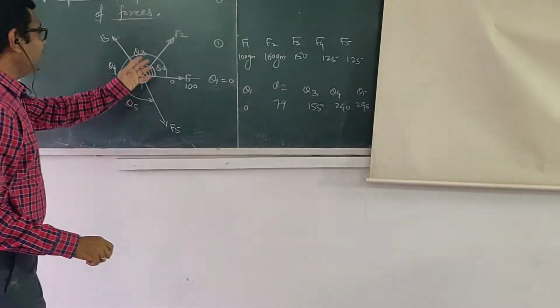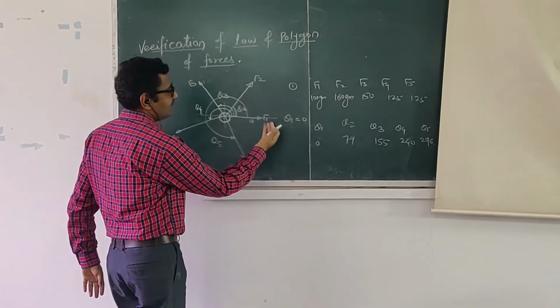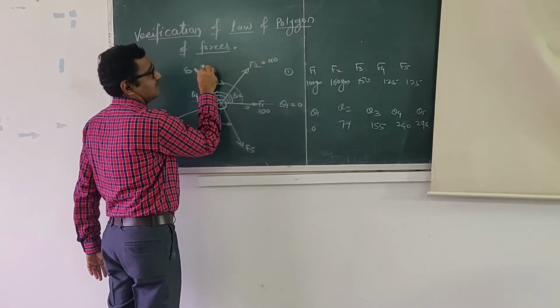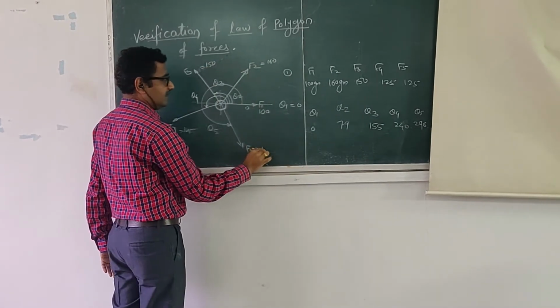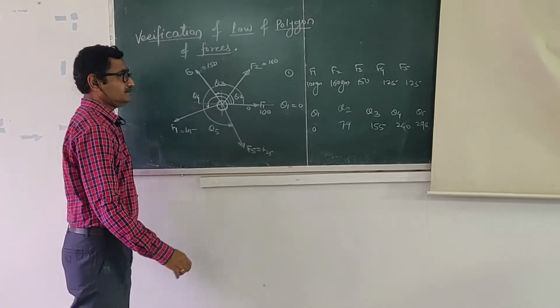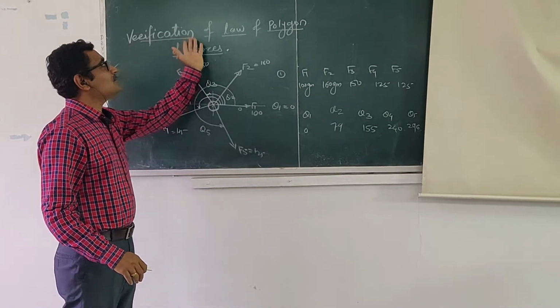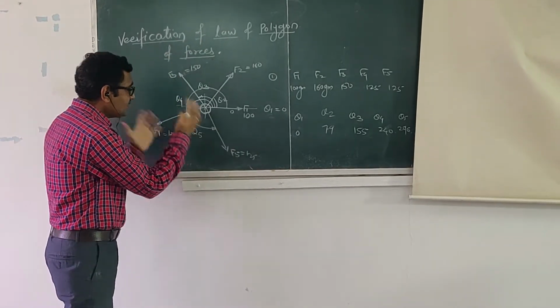So we have created one concurrent force system here which is in equilibrium. This is 100, this is 160, this is 150, 125 and this is again 125. Now with the help of this force system we have to prove the law of polygon of forces.